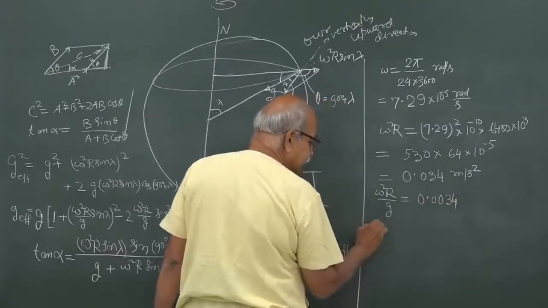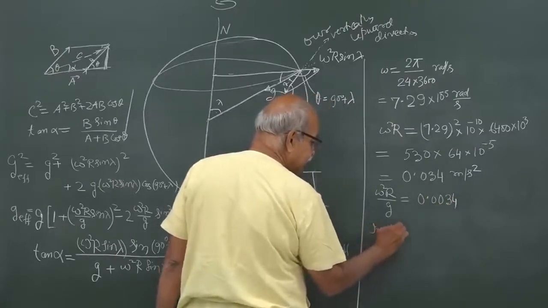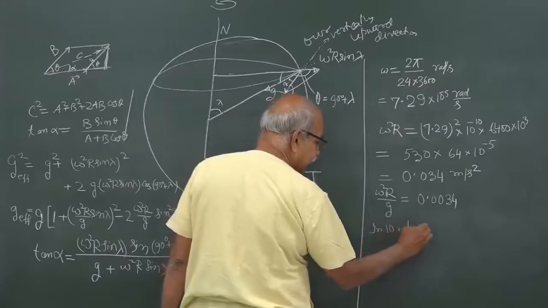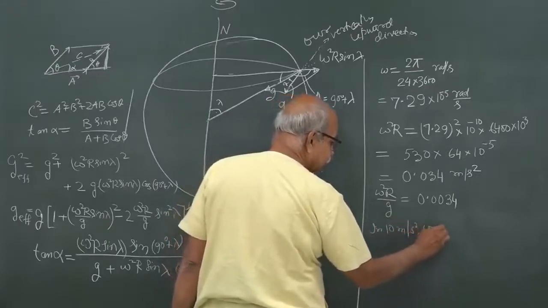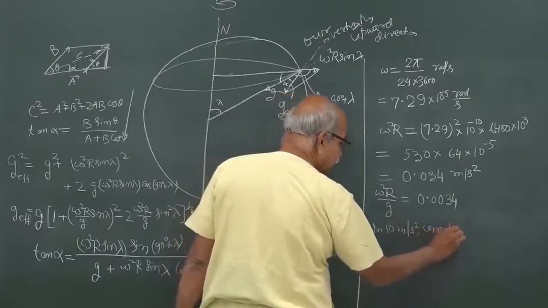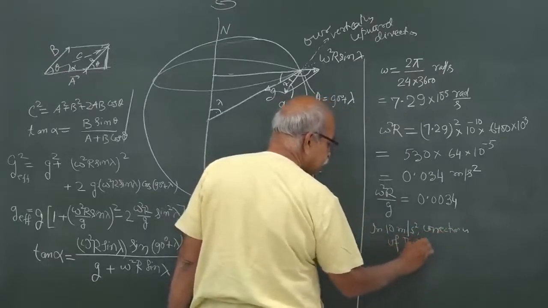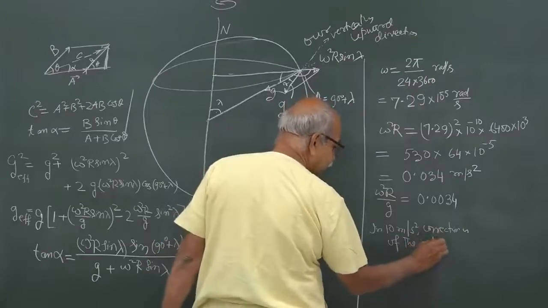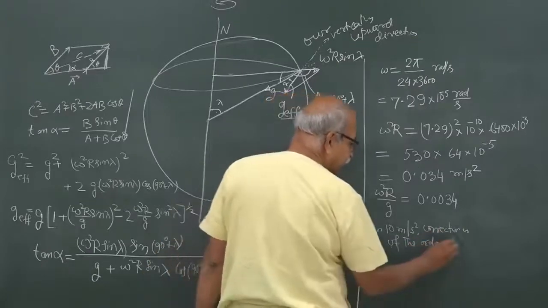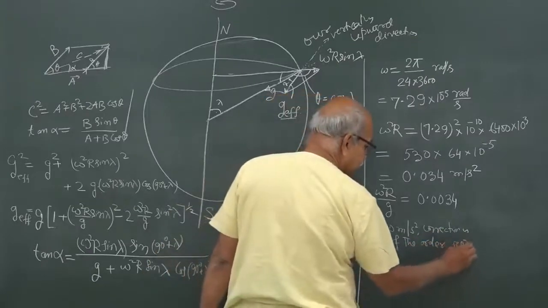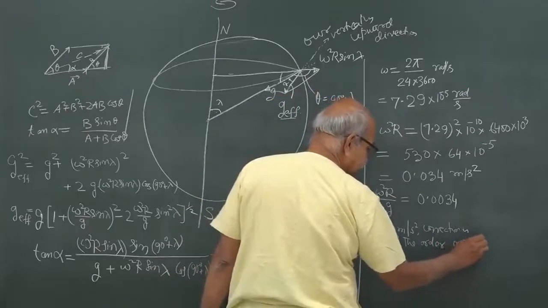So, in 10 meter per second square, the correction is, we will just work it out why I am saying this, of the order 0.034 meter per second square.